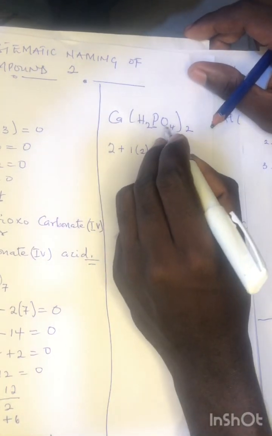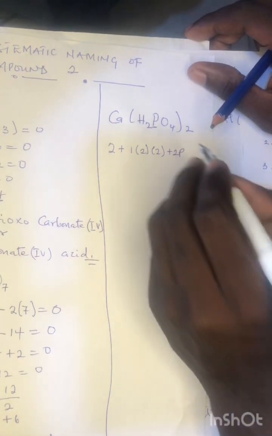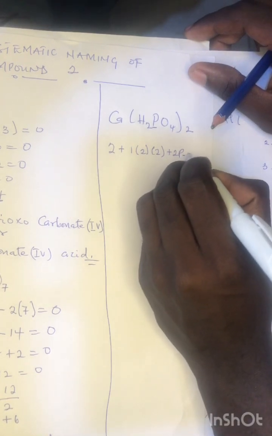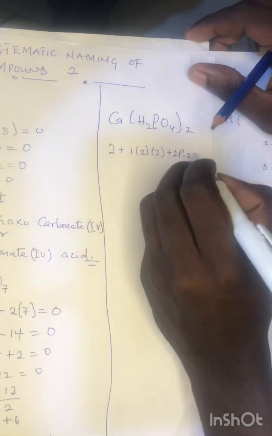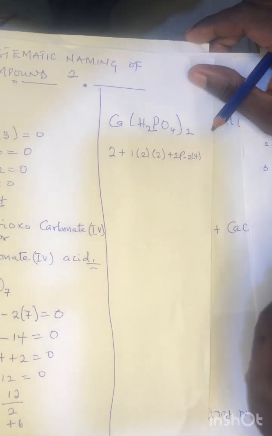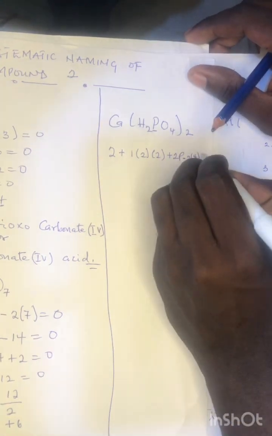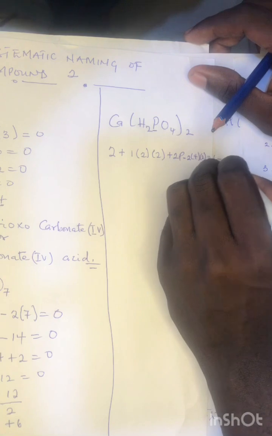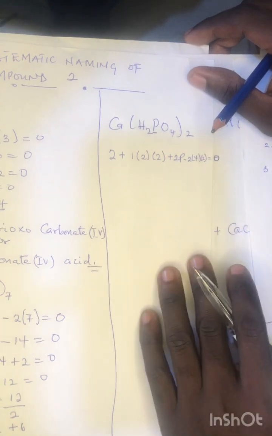Now what is the charge of oxygen? It is negative 2. The molecule there is 4. But remember, it is multiplying these 2 over here. And this is equal to 0.